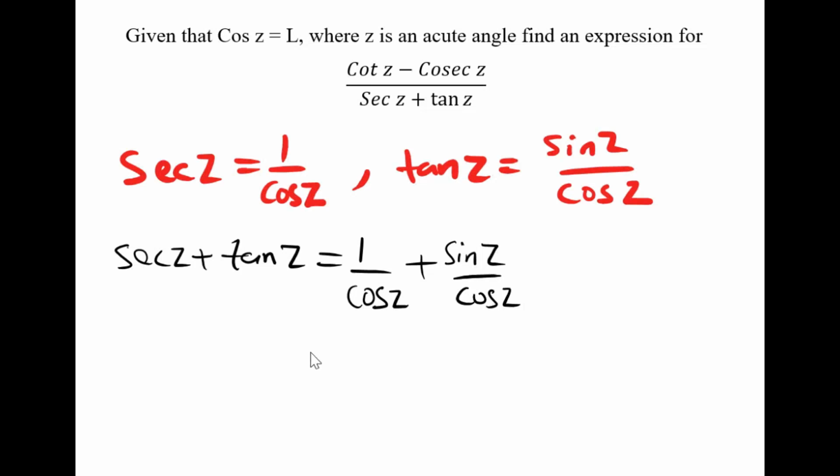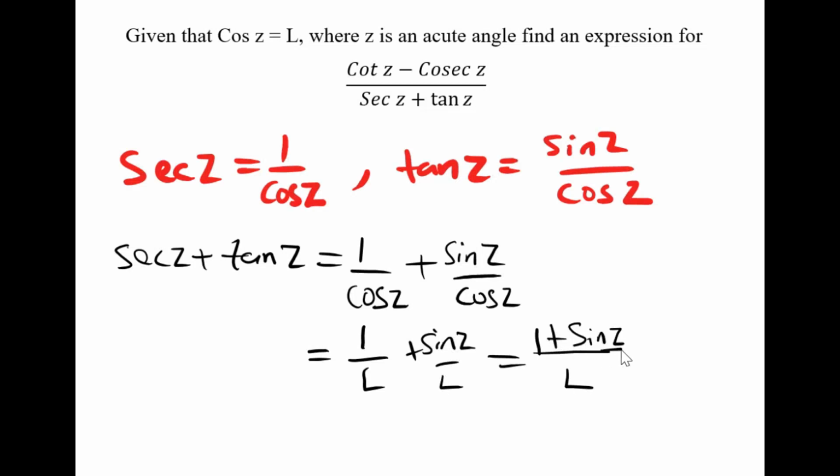And remember, our cos z is L, so this is 1 over L plus sin z over L. The LCM is L, so we have 1 plus sin z all over L. This is our denominator.